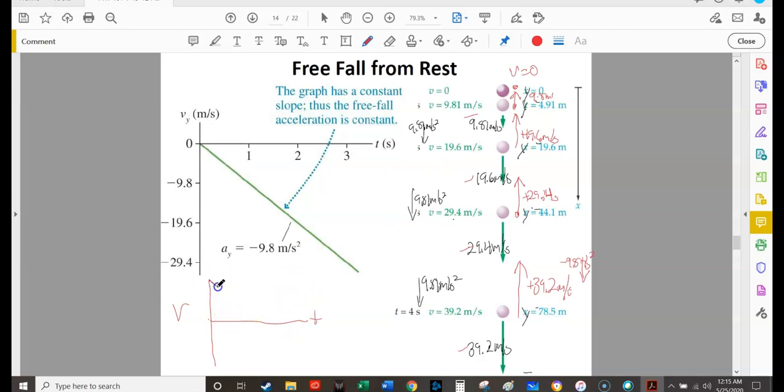It was directed upwards and it would slow to a stop. And then when it got to the top, it would continue on and do the same thing this way. So it would be going up at positive 39.2 meters per second, your launching speed. And by the time it came back down, it would be traveling down at 39.2 meters per second.